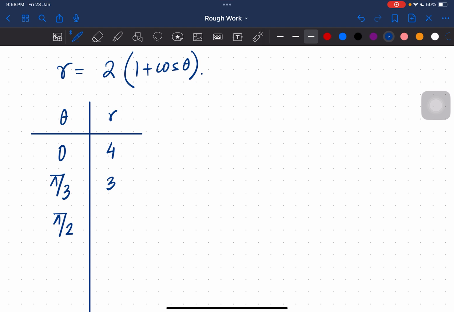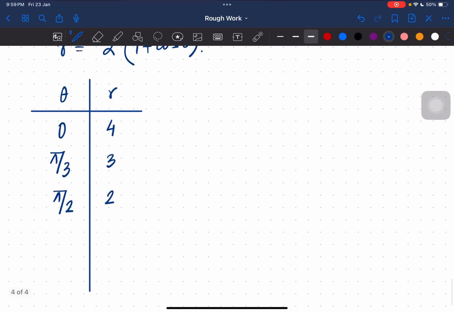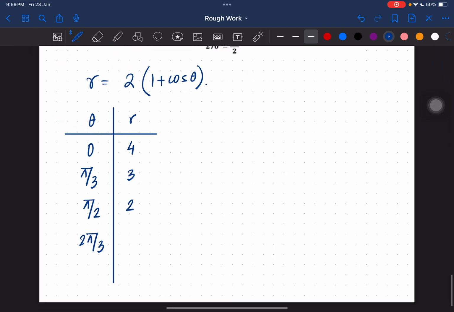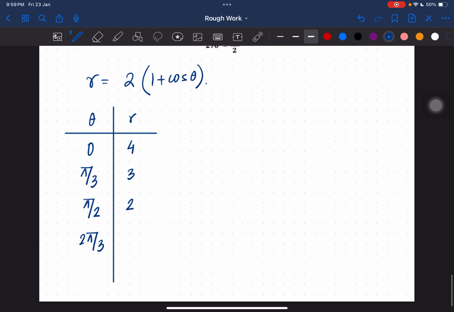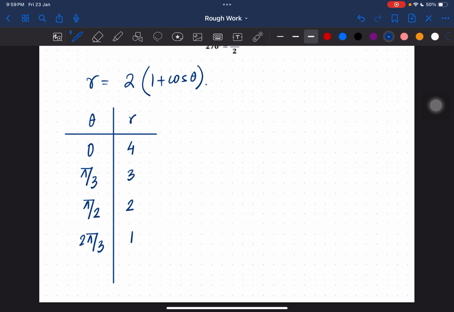Its cos value is 0, so basically r is 2. Then we can take 2 pi by 3. The cos value is minus half, so 1 minus half is just a half, and half of 2 is 1. Then you can take pi. The cos value is minus 1, so basically r is 0.